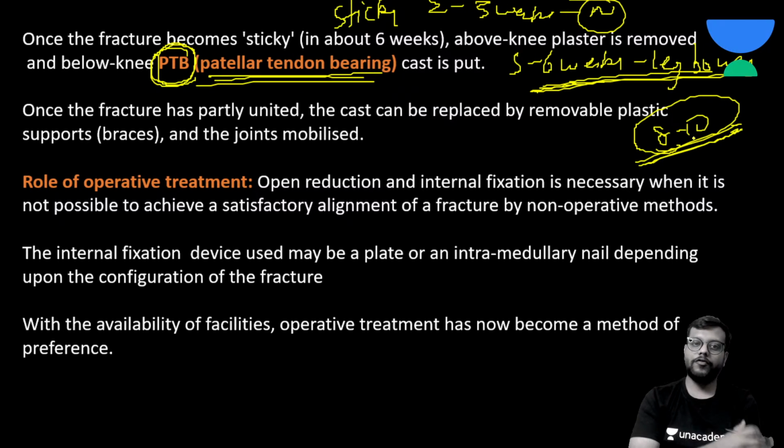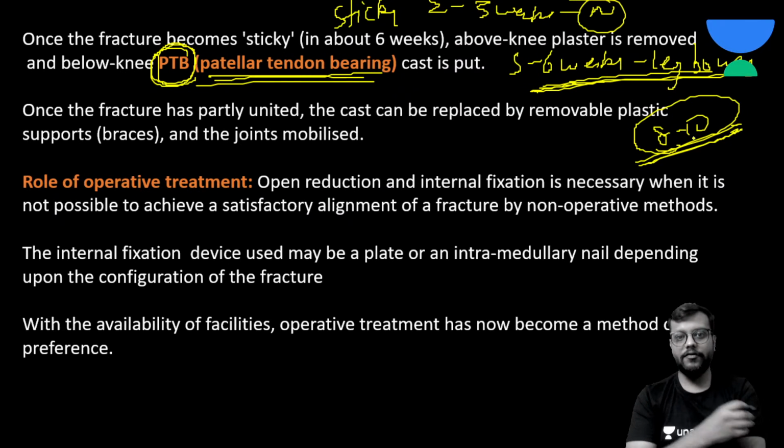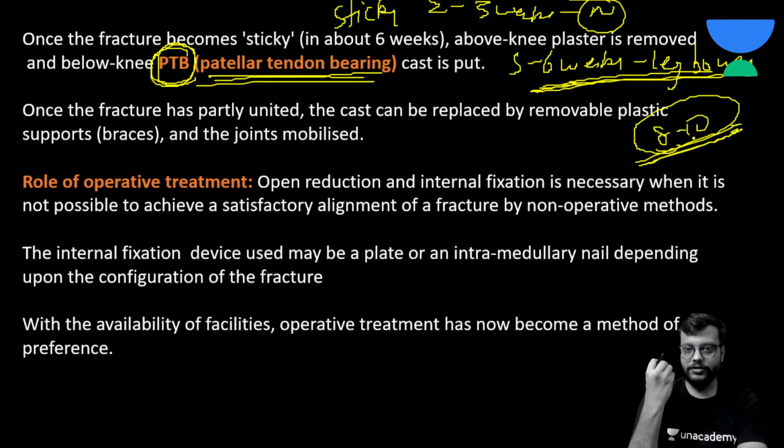Okay, now role of operative treatment, as we have already discussed, internal fixation is necessary if थोड़ा सा भी malalignment हो. ओके, सो इंटरनल फिक्सेशन डिवाइस प्लेट और नेल दोनों हो सकती है. मोस्ट प्रिफरेबली वी गो फॉर द नेल, बट प्रॉक्सिमल बहुत है या डिस्टल बहुत है या बहुत ज़्यादा कम्युनेटेड है, यू कैन गो फॉर द प्लेट ऑल्सो.